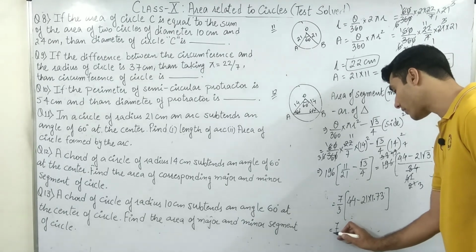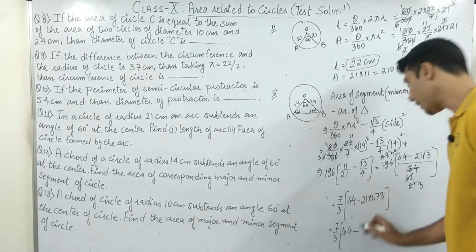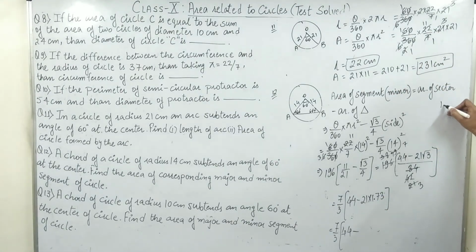So this is going to be 7 upon 3 in bracket 44 minus 21 into 1.73. So it's 1.73 into 21.